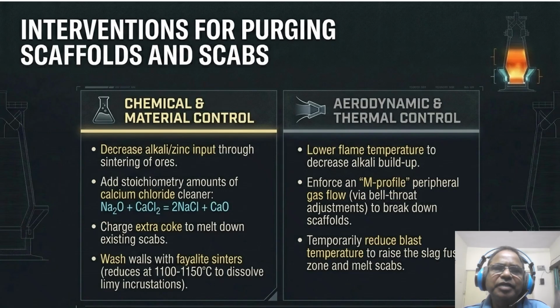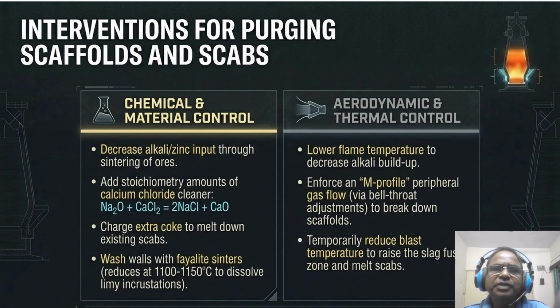On the aerodynamic side, we enforce an open-profile gas flow. Look at the icon of the tuyere. We are adjusting the bell throat to force gas along the periphery to physically eliminate these scaffolds off the wall.